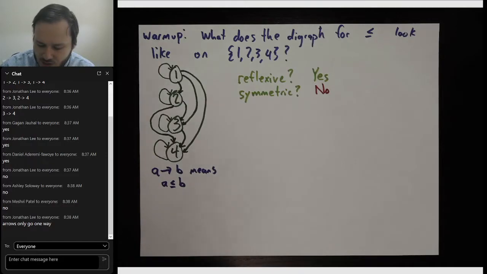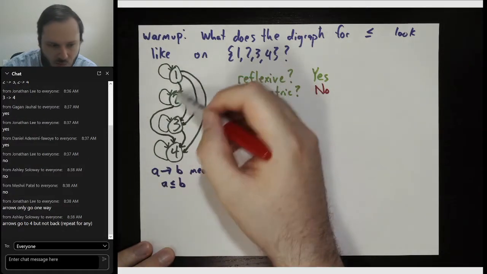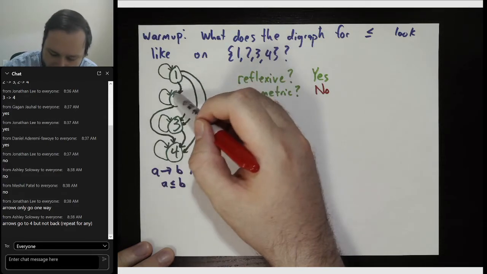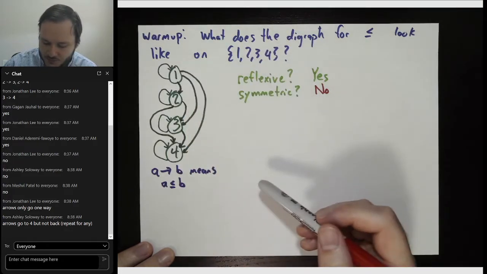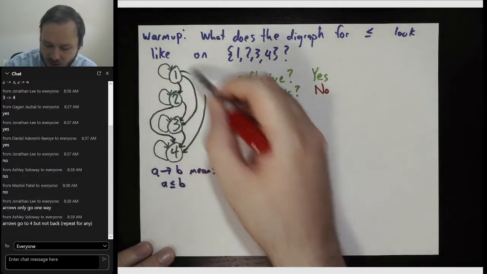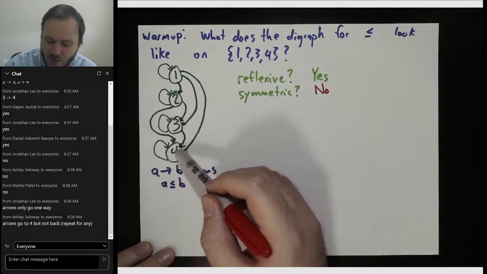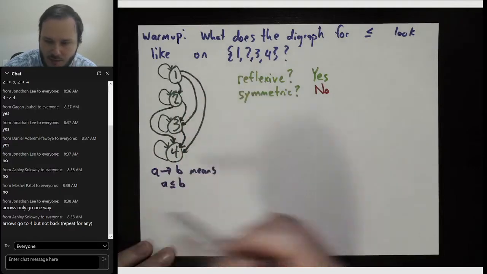Yeah, our arrows only go one way. If we had a symmetric relation, then if there's an arrow from 1 to 2, it would have to go back from 2 to 1. Or I have this arrow from 1 to 4, but I have no arrow back from 4 up to 1.